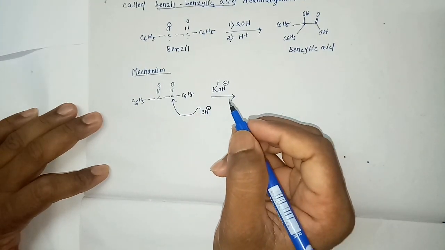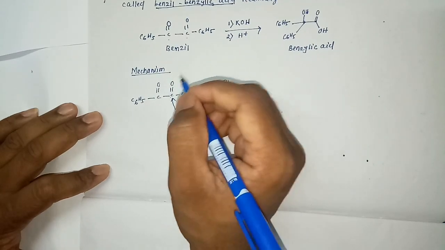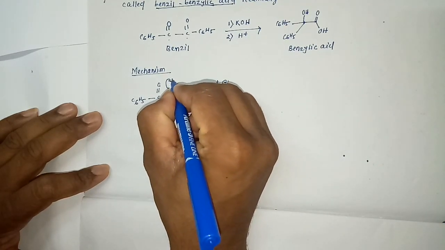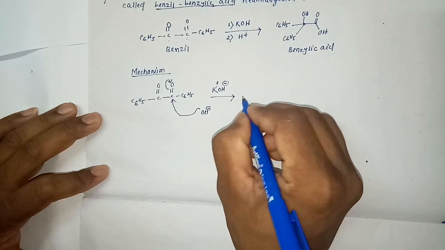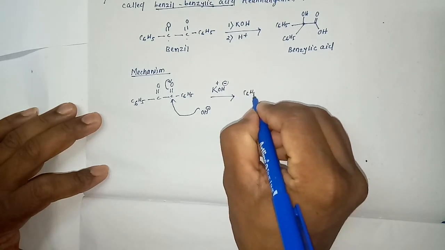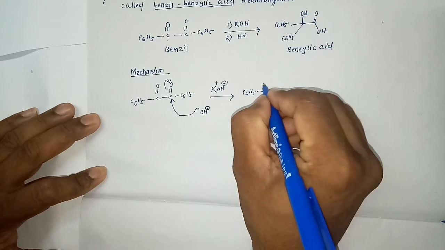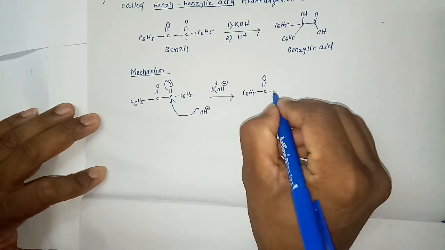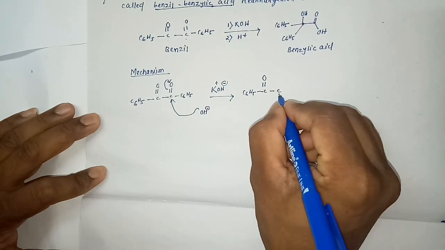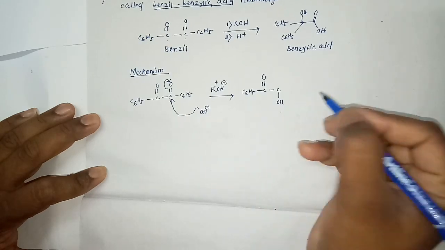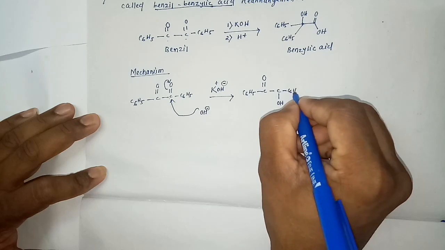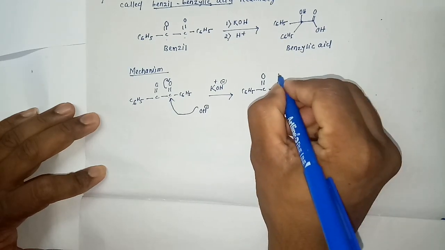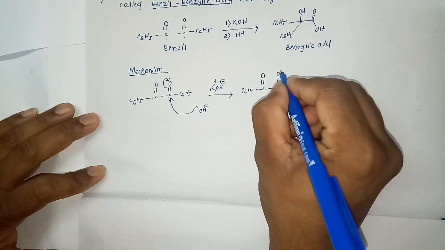Then the double bond shifts towards oxygen. Clear? Then we get C6H5-C=O, C-OH, and C6H5, with a negative charge on oxygen.